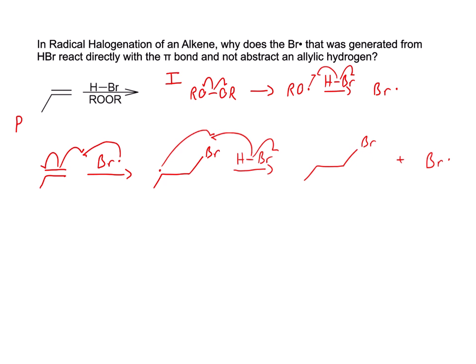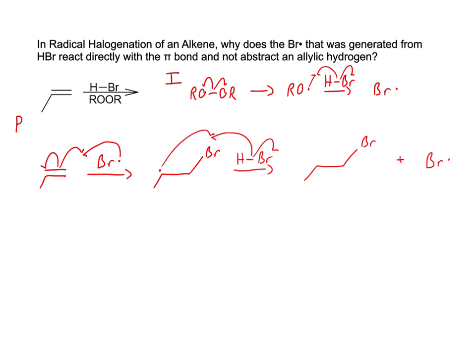So that's the question. On the screen here, I am showing the pathway for reacting an alkene with HBr and ROOR. Now we've already covered this reaction. In the initiation step, we generate a bromine radical, and then in the propagation step, the alkene interacts directly with the bromine, and we form a radical on the more stable side.